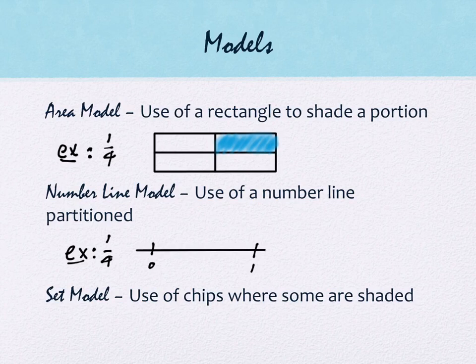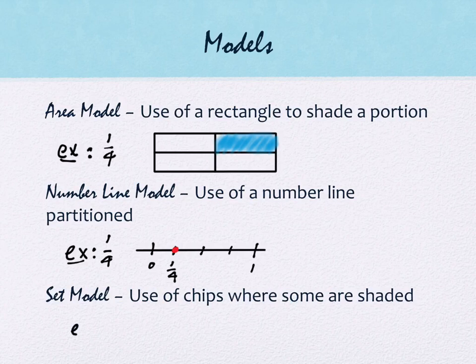And you're going to subdivide it to have 4 pieces inside. 4 is a nice one because you can do it in halves and then in halves again. And each one of these hash marks is a fourth. So this is 1/4, 2/4, 3/4, 4/4, which is otherwise known as 1. So this one would be 1/4. And then we would mark on that number line the point that we're working with, 1/4.